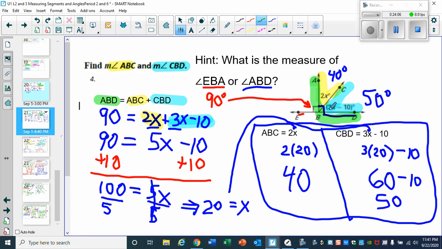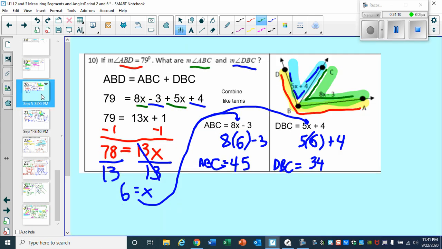So of your two angles, set them equal to 90. And then this case also might help highlight. So they tell you overall total 79. You add up your first angle measure with the second angle measure. Add those up, set it equal to 79. Solve for the variable.